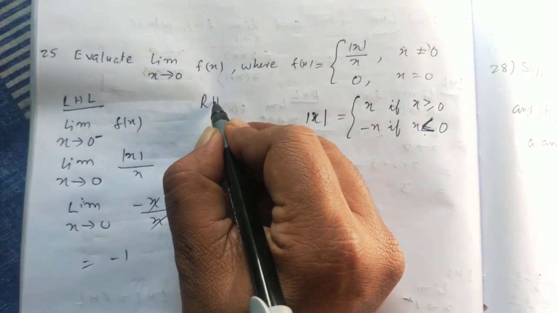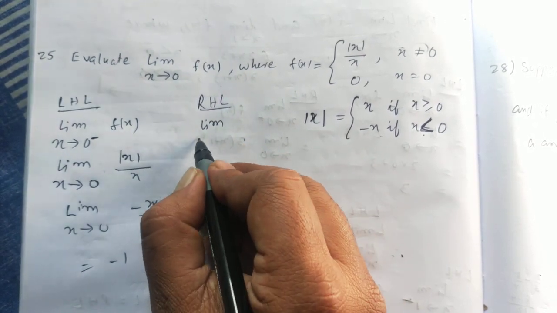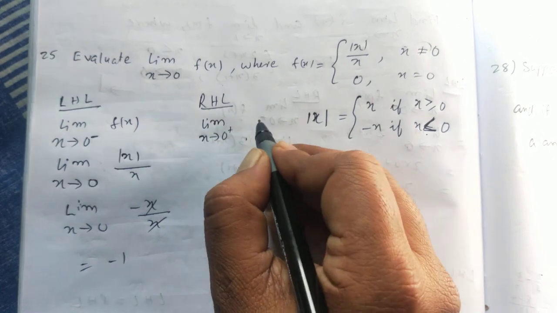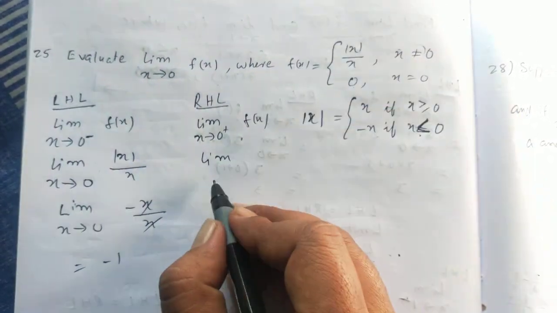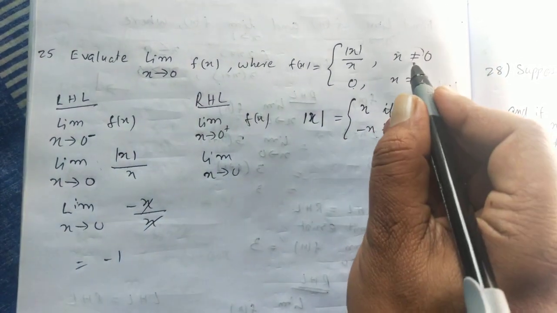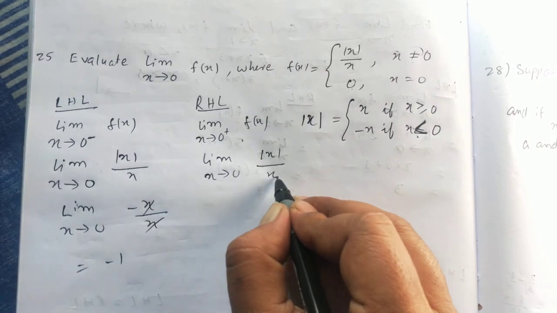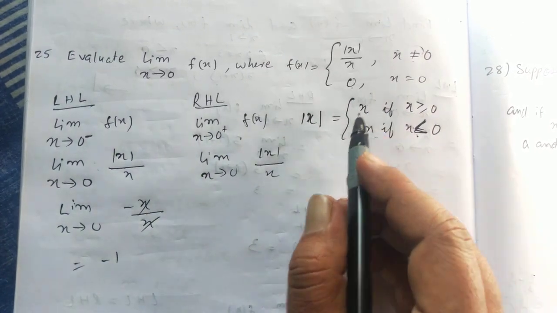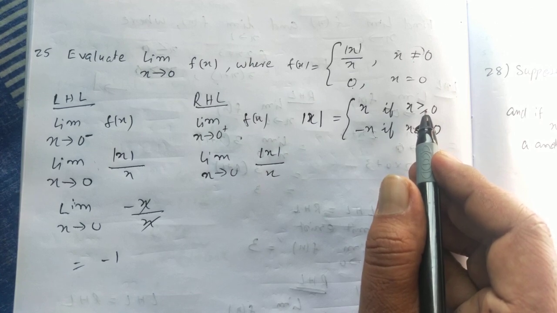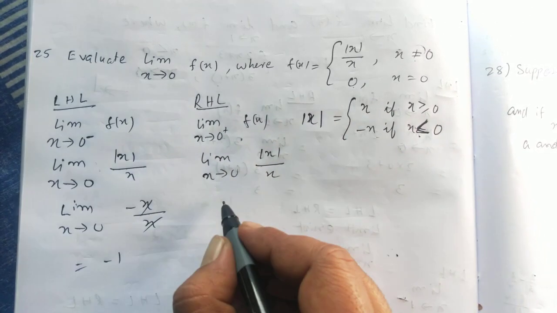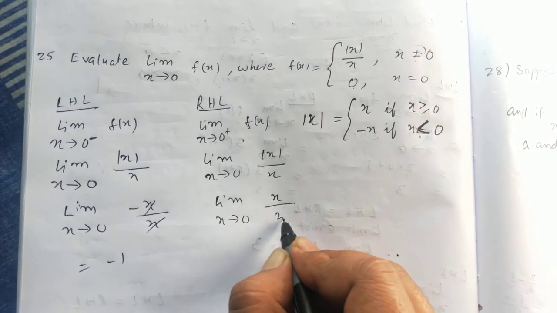Now the right hand limit, let us check. Limit x tends to 0 positive f(x). Here also I have to use this only, because tends to 0 means not equal to 0. Since it is a right hand limit, positive side, x is greater than 0, so it will be positive x by x.